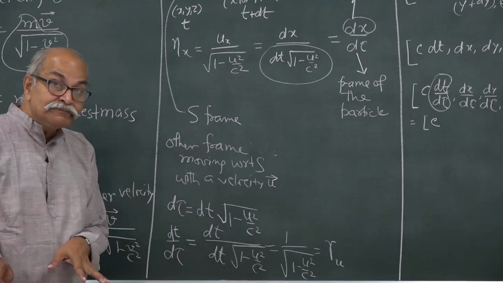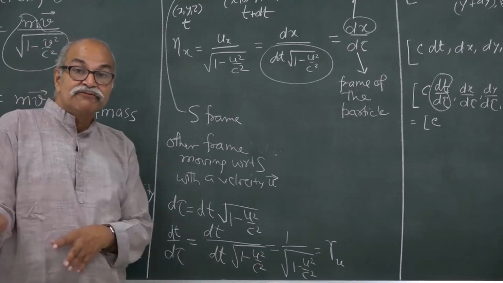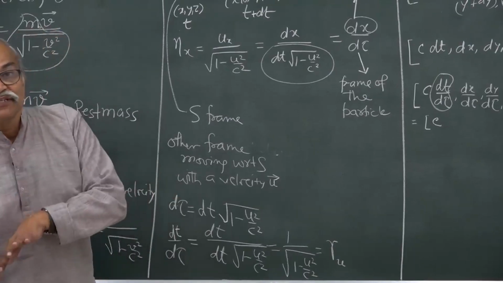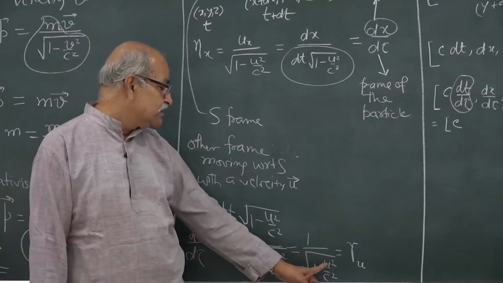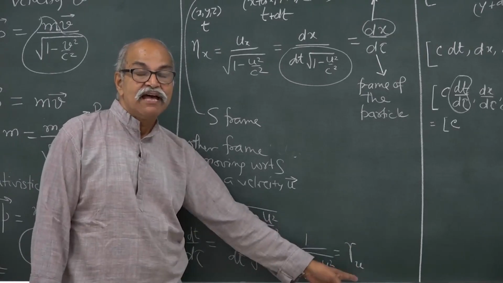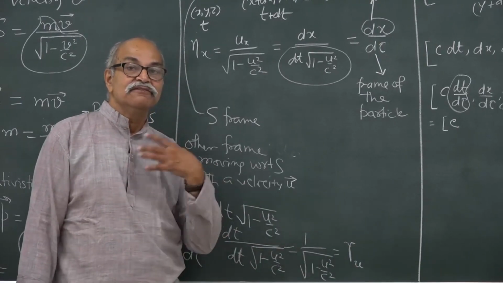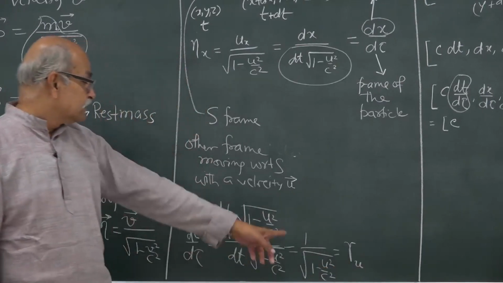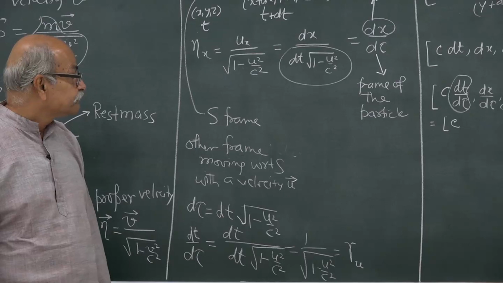If I change frame from S to S prime, the velocity of the particle will change, the speed of the particle changes, and this gamma will also change. So, it will have different values in different frames. Let me put this u here to remind that the speed of the particle is u here.